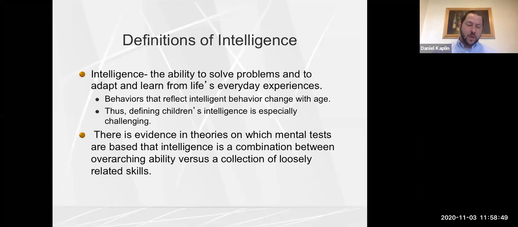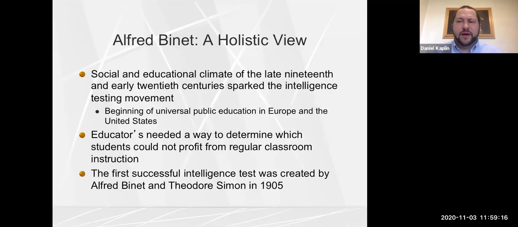So it's age dependent. That makes it a little bit more challenging to measure intelligence, but we have found ways to do this. So there are different theories that debate whether intelligence is one cluster of abilities or loosely related skills, which we're going to talk about. So let's start from the top.